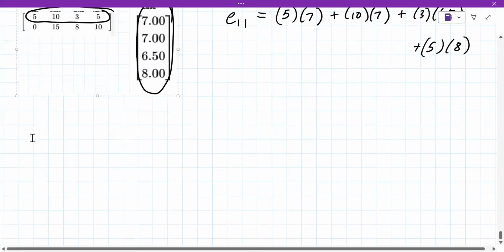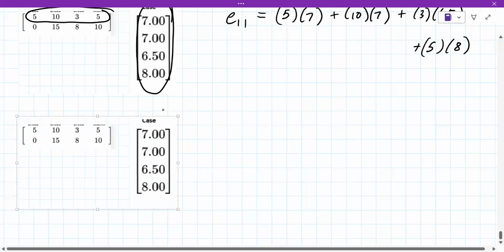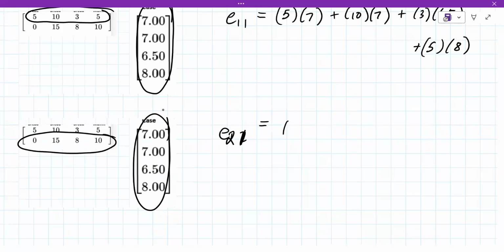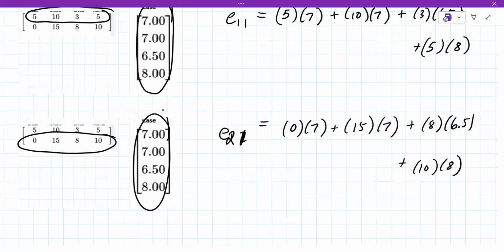And then to get E21, second row, first column: 0 times 7 plus 15 times 7 plus 8 times 6.5 plus 10 times 8.